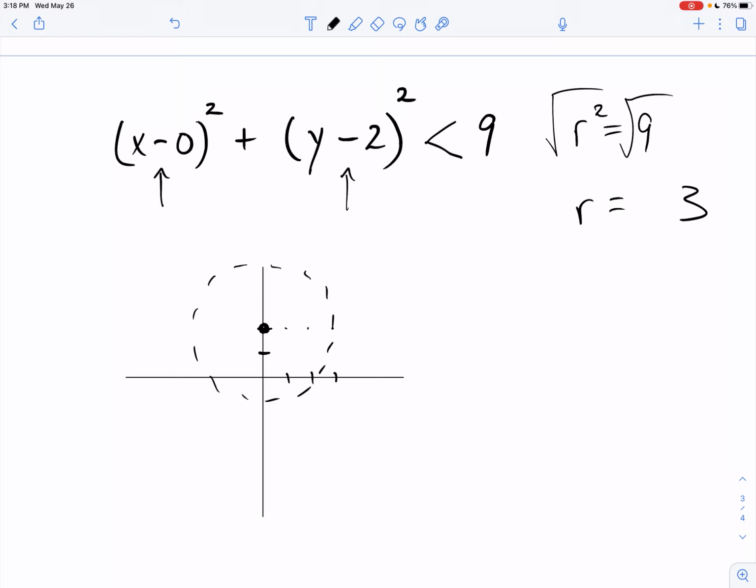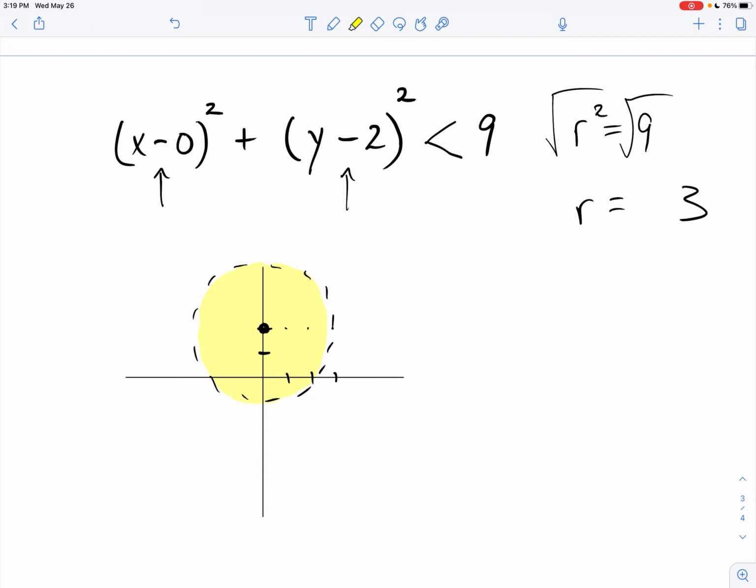But follow the same advice as before. Would I be coloring in the inside or the outside of the circle? So on this example, I hope you have guessed that you'd be coloring in the inside, trying to do it as good as I can, of the circle. So that would be the graph that they're looking for in this.